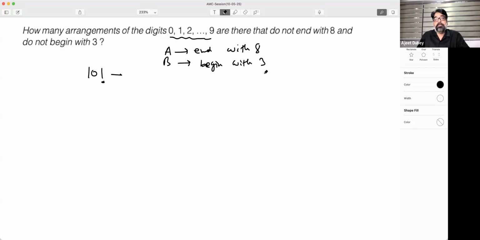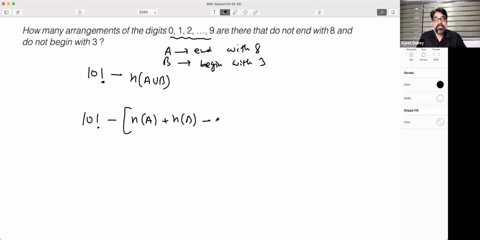We go in reverse, so 10 factorial minus n of A union B. This line is clear to everybody? It means neither A should happen, nor B, nor both. So 10 factorial minus n of A plus n of B minus n of A intersection B.